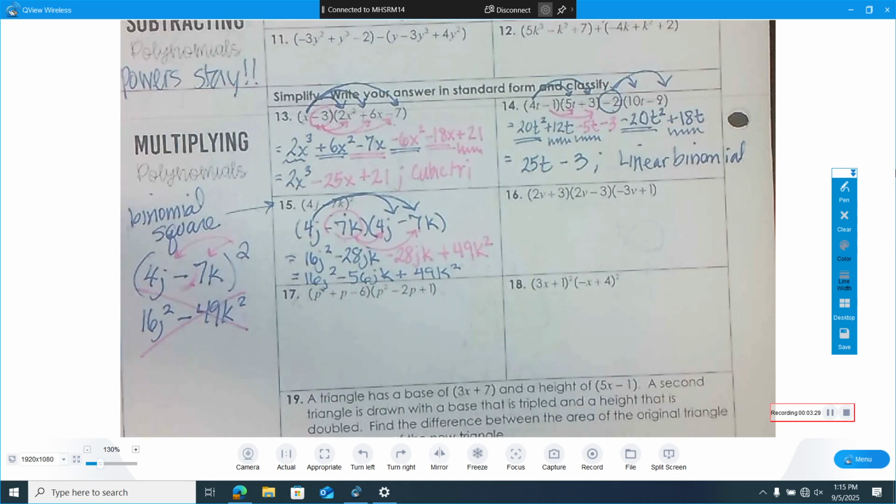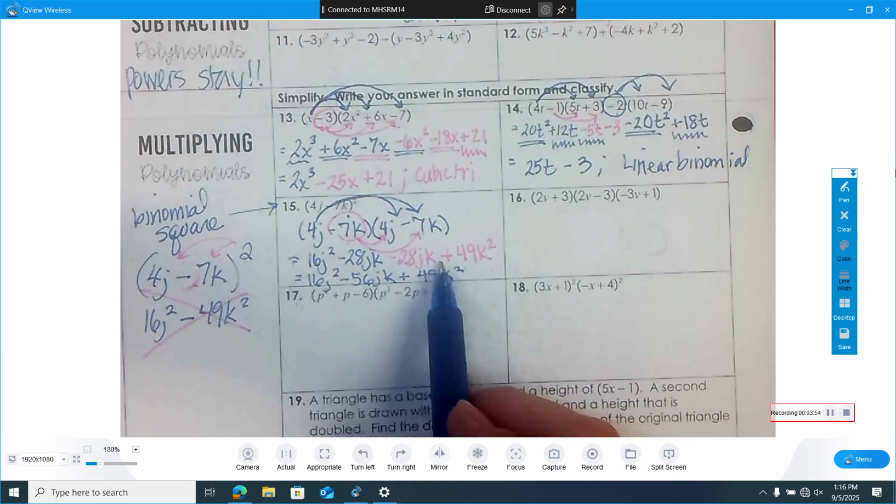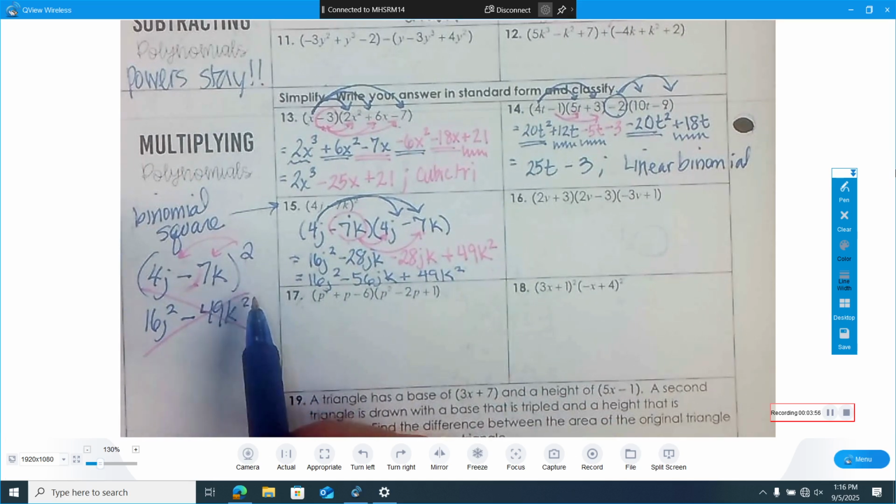Yeah, Avery. If you were to put it in order, would it go alphabetically? Typically, yes. If there are multiple letters, we would use them alphabetically. So JK. If you wrote KJ, it wouldn't be different because it doesn't matter. If I put the 49k squared in front, does it change the problem?